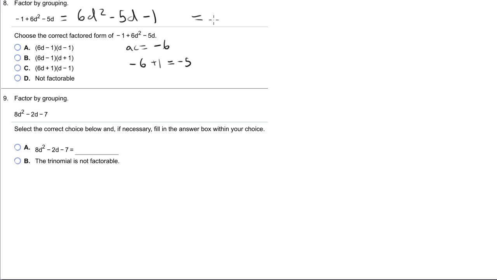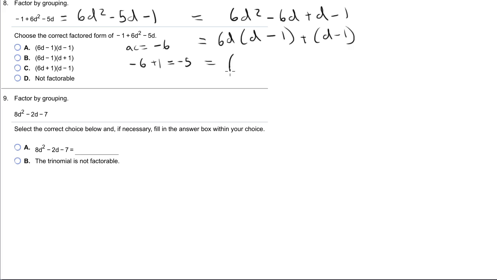So this is equal to 6d squared minus 6d plus d minus 1, which is 6d times d minus 1 plus d minus 1. So we get 6d plus 1 times the quantity d minus 1. All right, factor by grouping.